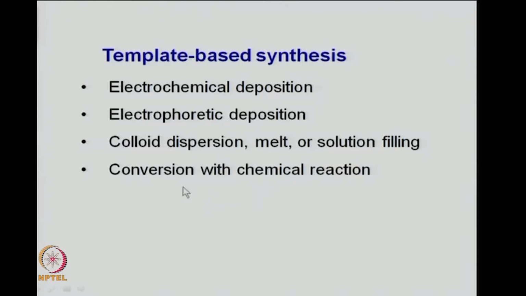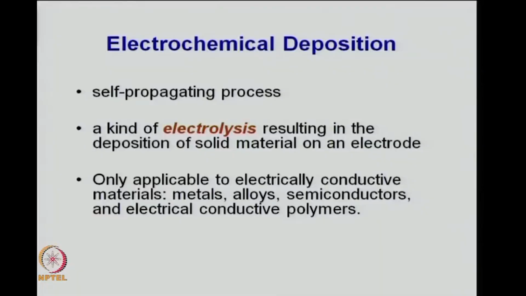You can also do chemical reactions within the template and lead to nanostructured materials within the templates. So, these are the typical template based methods which we will be discussing in this lecture today, which is part 2 of the template based synthesis lectures. So, let us discuss the electrochemical deposition.